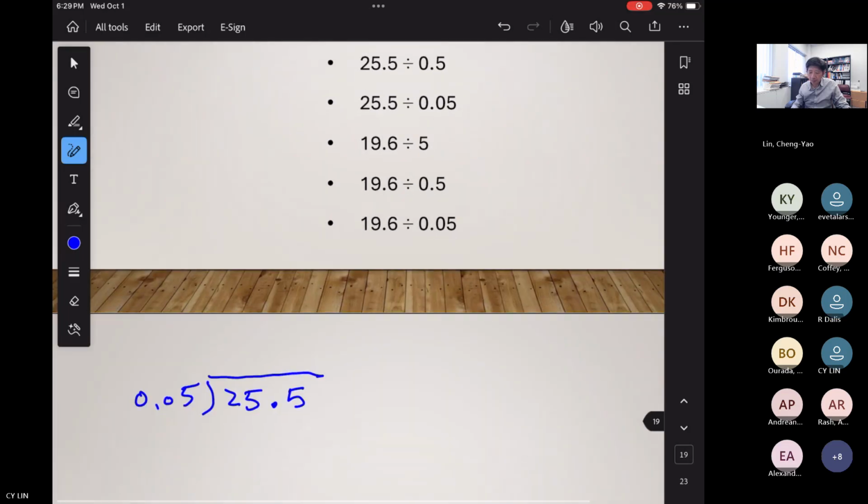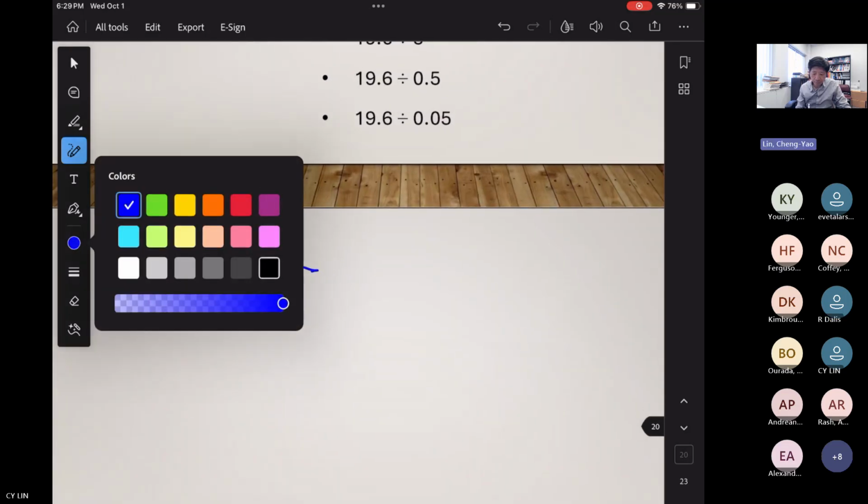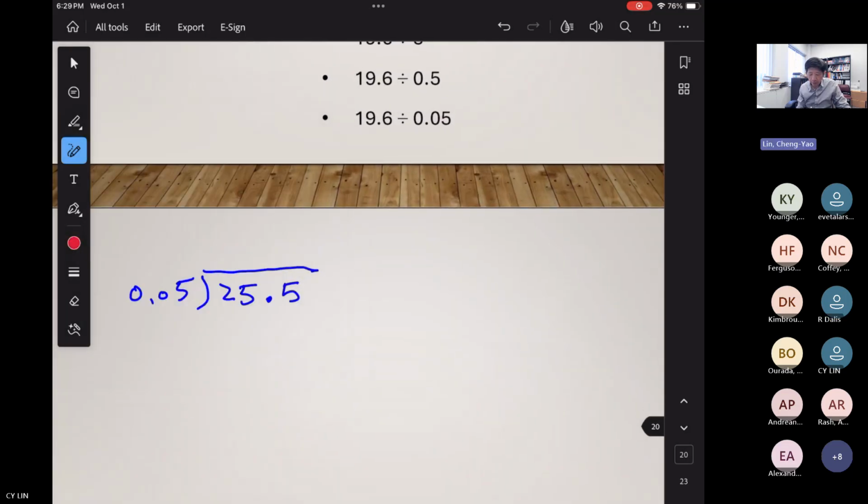So move the decimal point to the left or to the right? To the right. For how many places? That's 1 and 2. Therefore we have to move the decimal point 2 places to make it even.